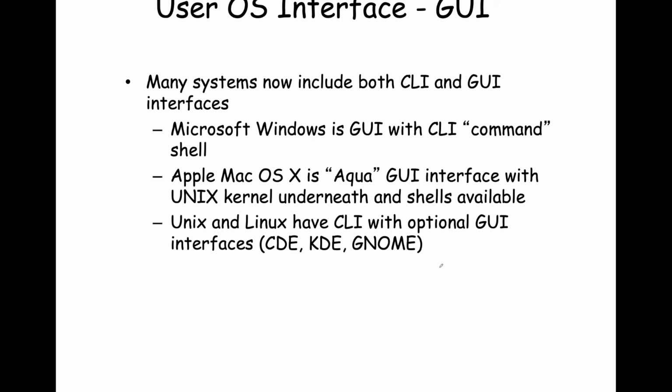Apple's Mac OS has a graphical user interface, but underneath it uses a variant of the BSD Unix kernel, and you have available command line interfaces called shells. And Linux, which you saw, Ubuntu, when I demonstrated the command line, has graphical desktops that you can install with WIMP interfaces, things like KDE, GNOME, and CDE. What you saw when I ran the Ubuntu command line interface, that desktop was a GNOME desktop.